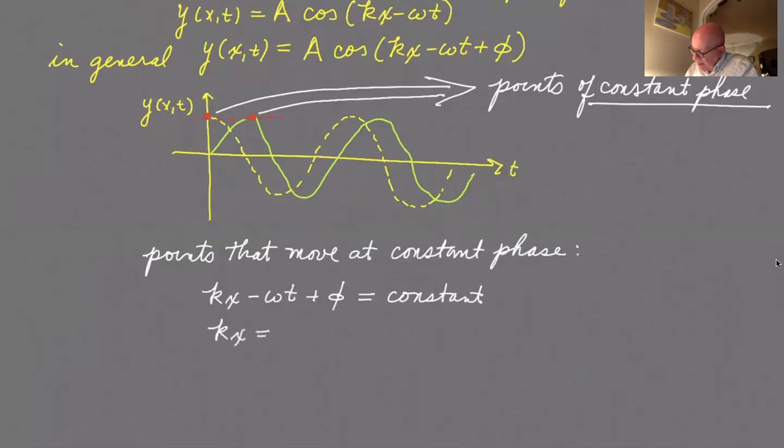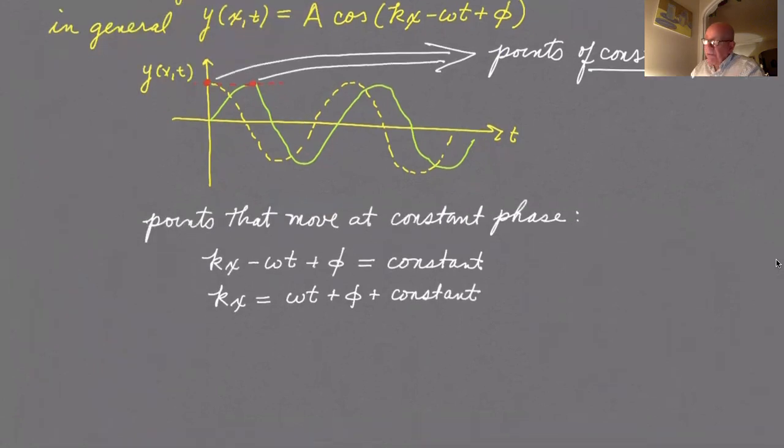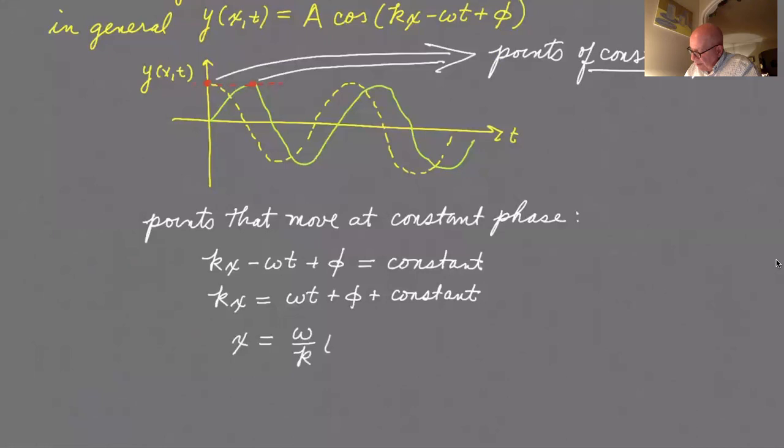I'm going to make this kx equal to omega t plus phi plus the constant that the phase is equal to. And I can divide through by k. So x is going to be equal to omega over k times t plus phi over k plus some constant over k.